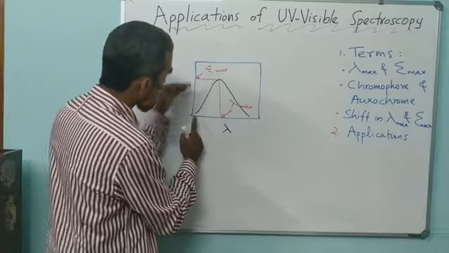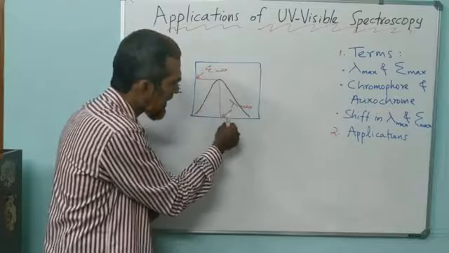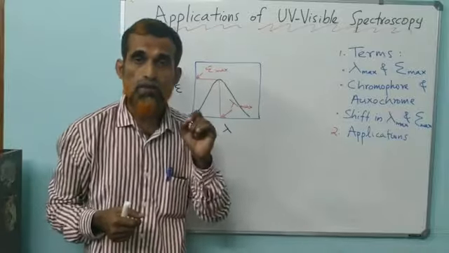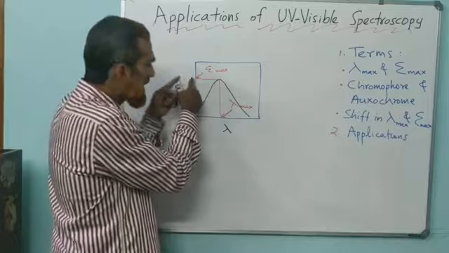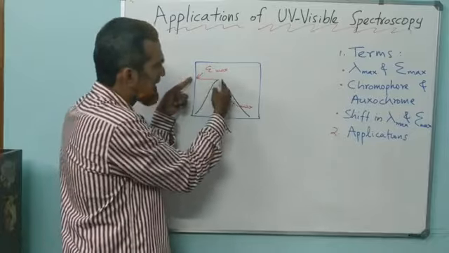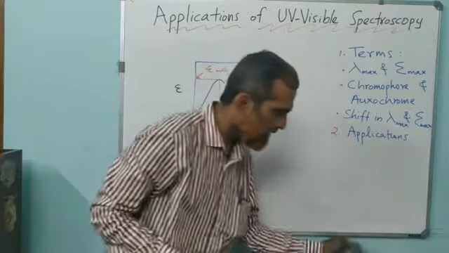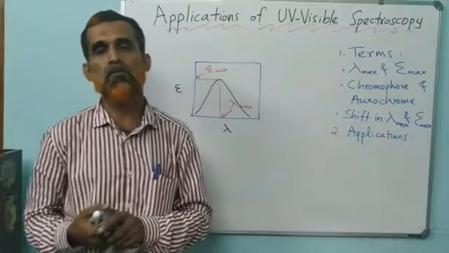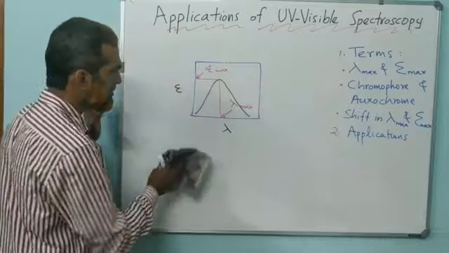This is the peak of the curve corresponding to this wavelength. And epsilon max is the epsilon value corresponding to lambda max, the intensity corresponding to lambda max. So when we have a UV visible spectrum of a molecule, we figure out these two values from it.